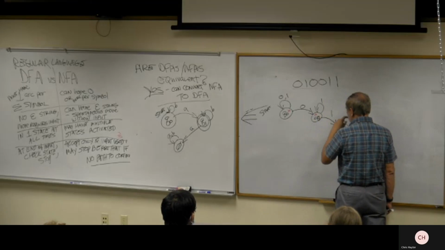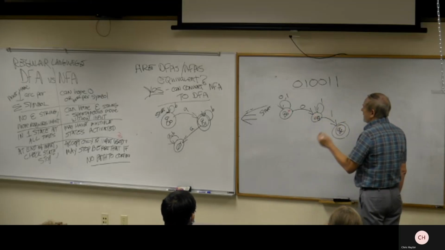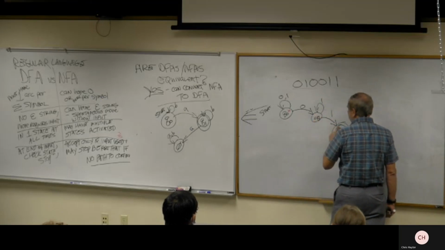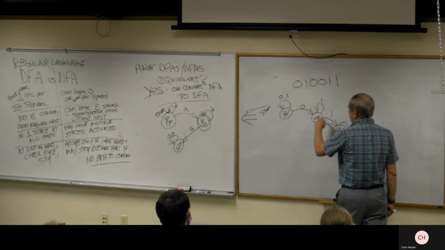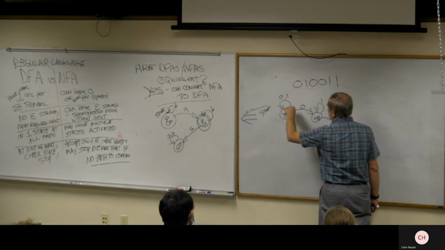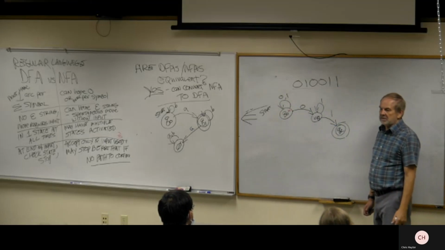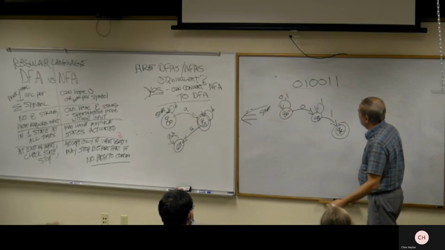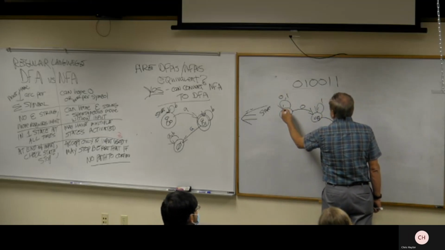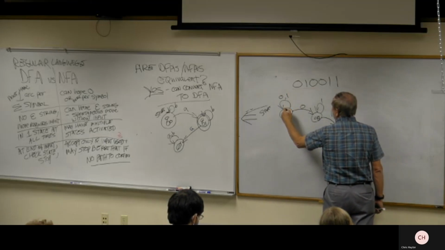We should have stayed in Q0, which would have been the path to potential success. We don't know yet, right? So that 0 from Q0, I could loop on here. And since Q0 is already activated, this 0 can also come through and activate this guy again.